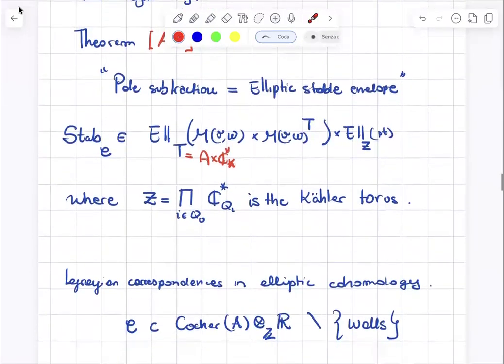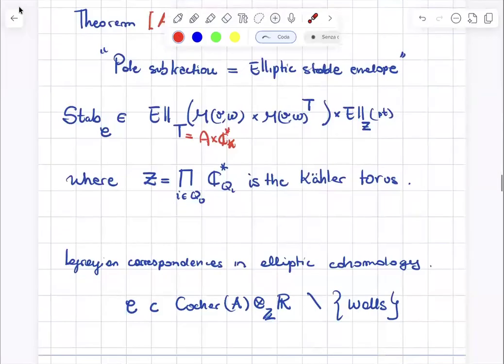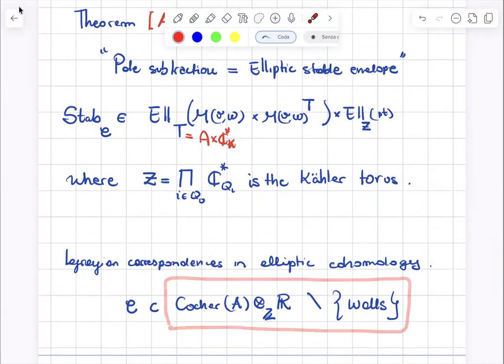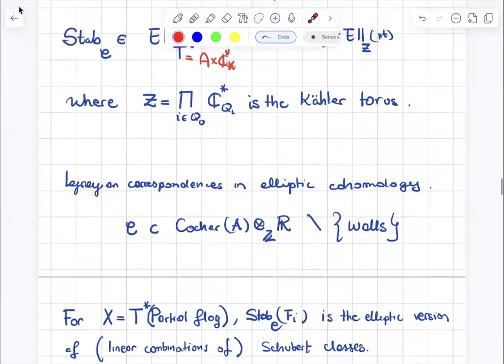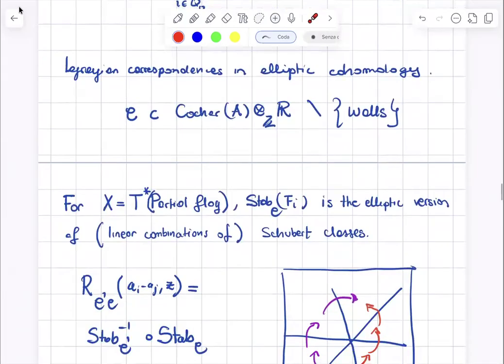As I said, these are Lagrangian correspondences, and they are uniquely characterized by a list of axioms, but only as soon as one fixes something called a chamber, which is a connected component in a wall and chamber arrangement in the cocharacter lattice of the torus A. So A is the torus of symplectomorphisms of my quiver variety.